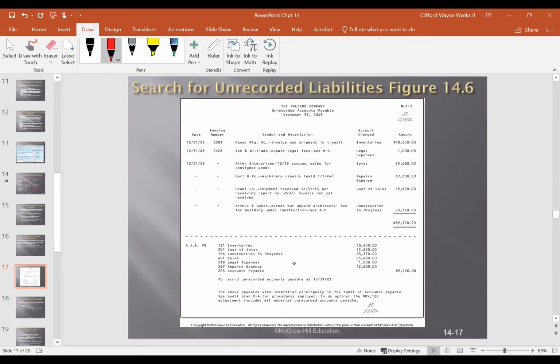You can see in this case we're actually asking them to book the adjusting entries for all these various transactions that we've identified that should be a liability. They would have understated these expenses, and they would have understated the liability for that. That's $89,000, a nice pretty penny.